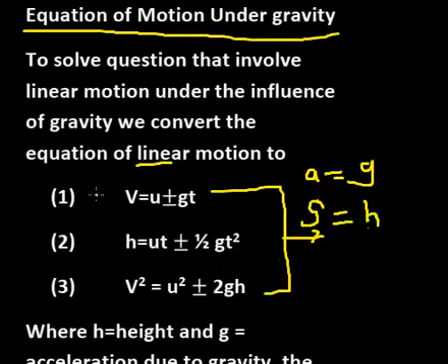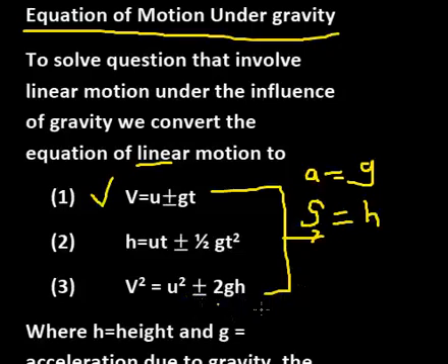So that's why you see this. V is equal to U plus or minus GT. H is equal to UT plus or minus half GT square. Then number 3, V square is equal to U square plus or minus 2GH. The same, G is replacing A, while H is replacing X.